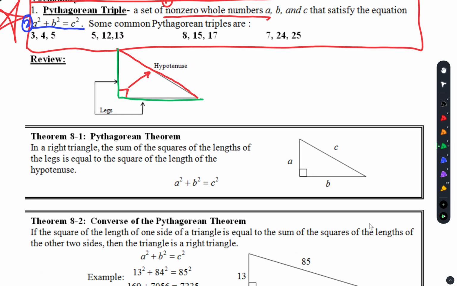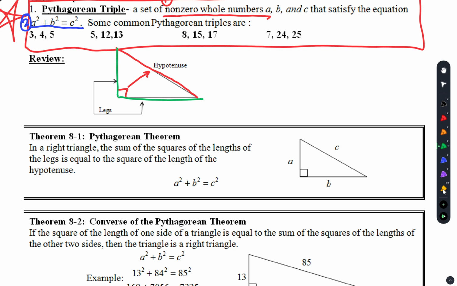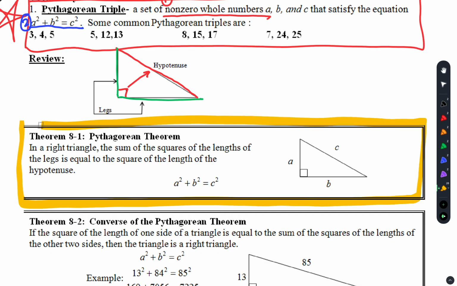So the first theorem that we're going to talk about here is the Pythagorean theorem, and we've seen this multiple times before. This first theorem is your standard old Pythagorean theorem. This is used to find missing legs or missing side lengths of right triangles.